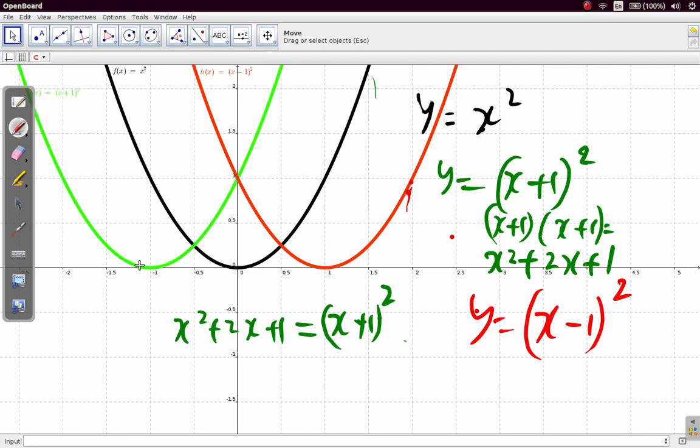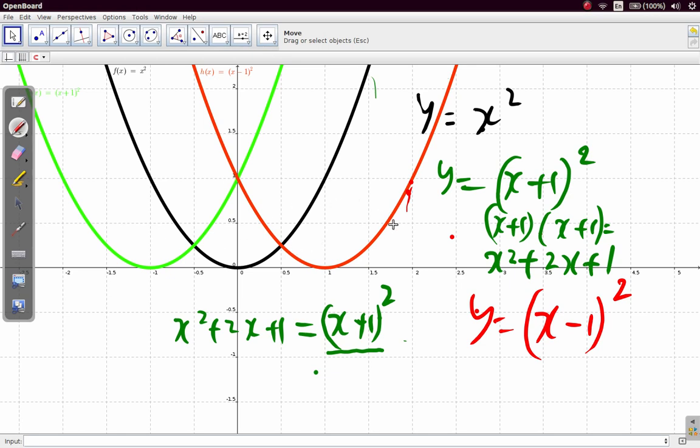So this is really the graph of x squared plus 2x plus 1, the green graph. And this clearly tells you what happened to the graph, so you can picture the graph in your mind and then sketch it.